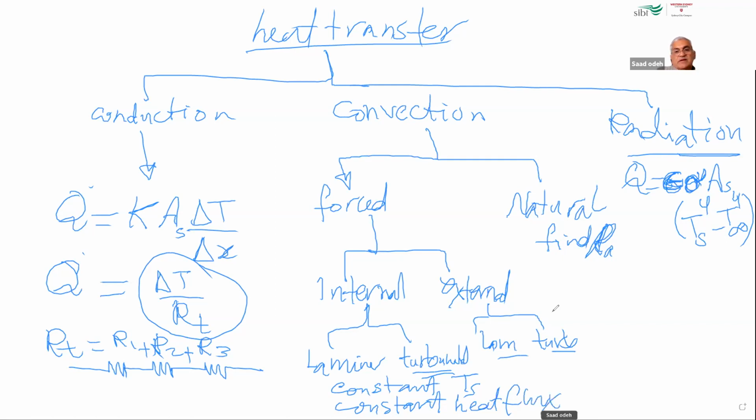With constant surface temperature, we have to use the log mean temperature difference, delta T LM, which we use in heat exchangers. While for constant heat flux, we use just delta T, the arithmetic difference.